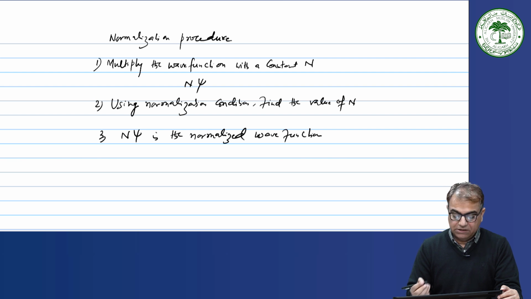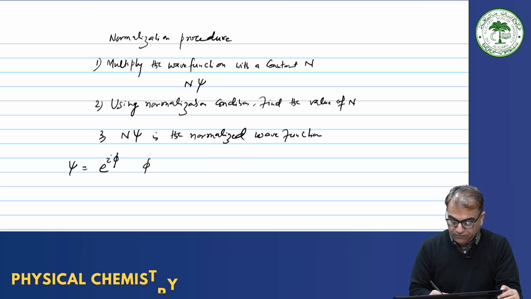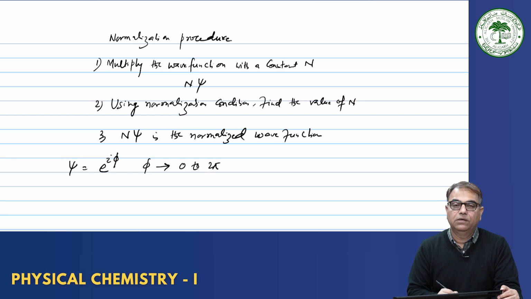Let's see one example. If your function psi is exponential i phi, where phi varies between 0 to 2 pi, so your minus infinity value is 0 and plus infinity value is 2 pi. So this is an unnormalized wave function.